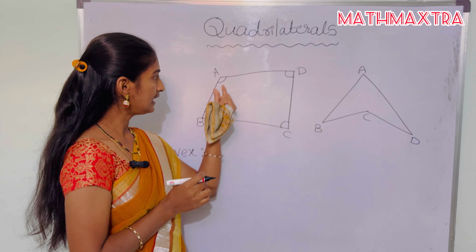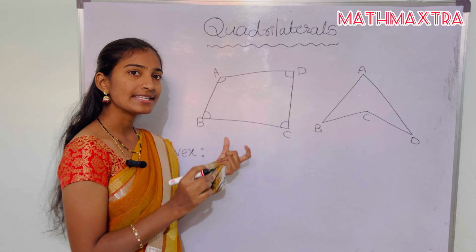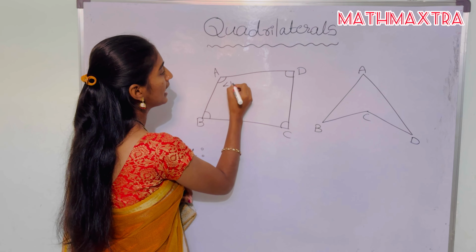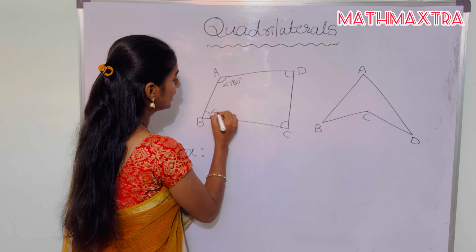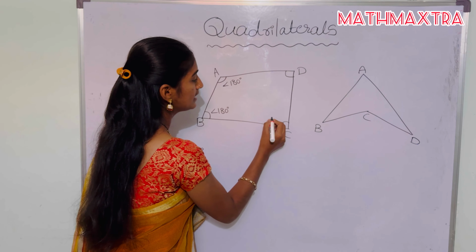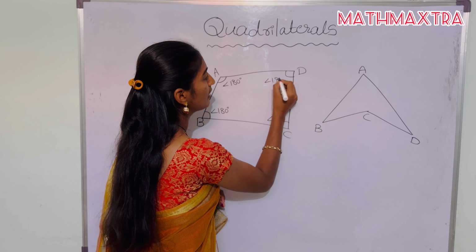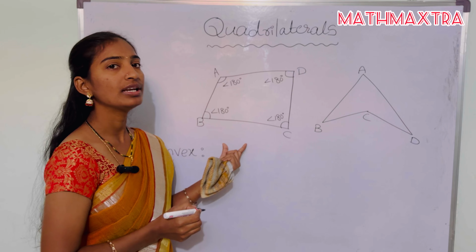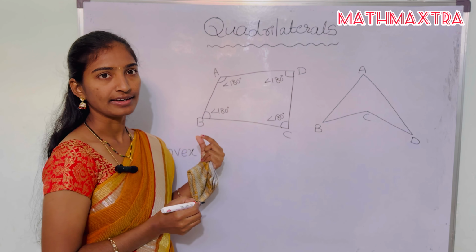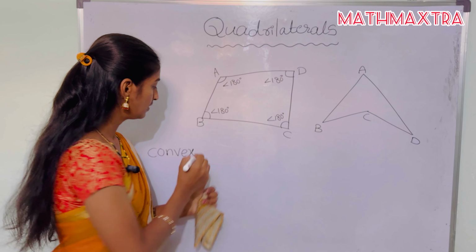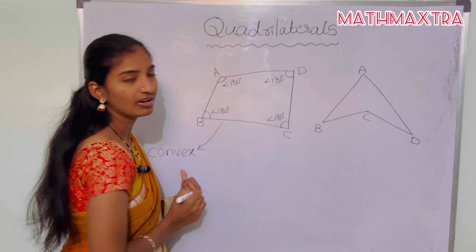So, if each angle is less than 180 degrees, every interior angle is less than 180 degrees, then we call it a convex quadrilateral. Okay. So, this is a convex quadrilateral.